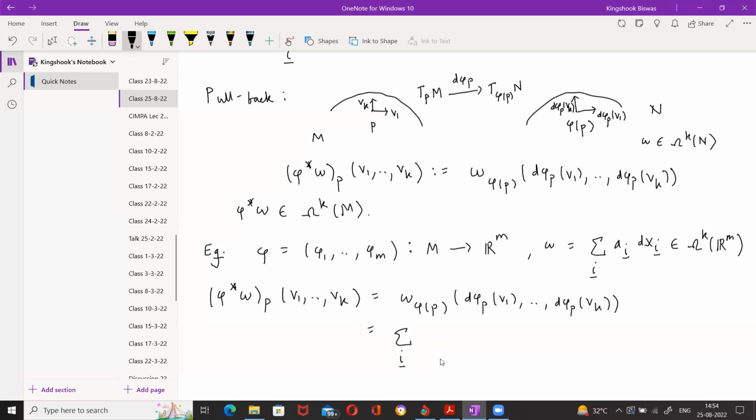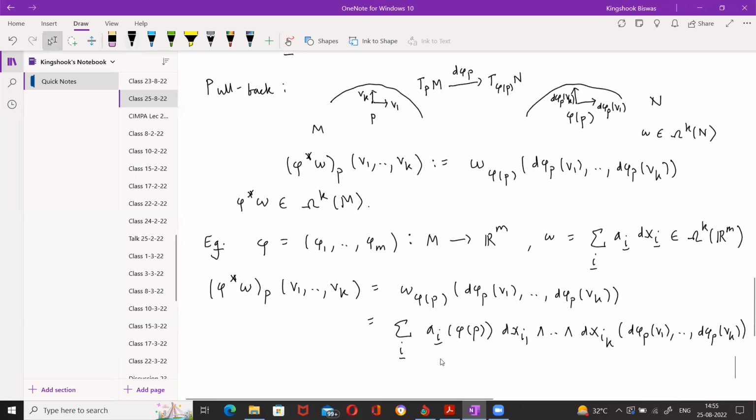I mean this at the point phi of P. So what I'll get is a I bar of phi of P, and then d x i1 wedge up to d x ik applied to the vectors d phi P v1 to d phi P vk.